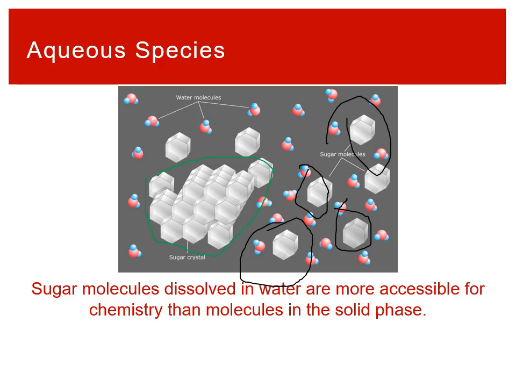They're now accessible. They can interact with other different types of molecules. You could put in something else you want into the water that you want to react with the sugar, dissolve multiple things in there, and that's how you can do chemistry. So when we want to do chemistry, the aqueous phase really offers a lot of possibilities to actually make those sorts of reactions possible.